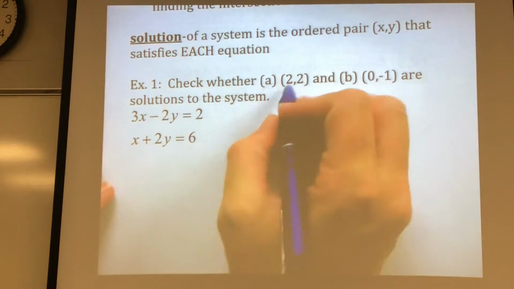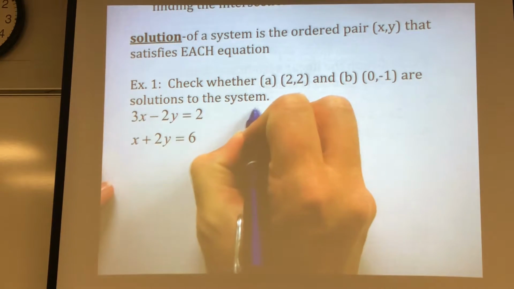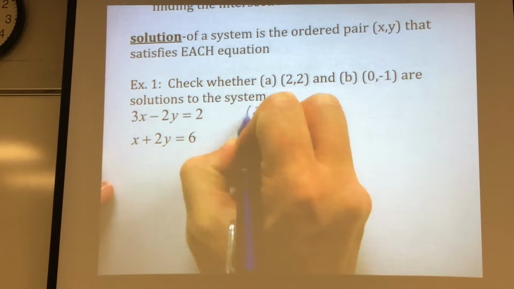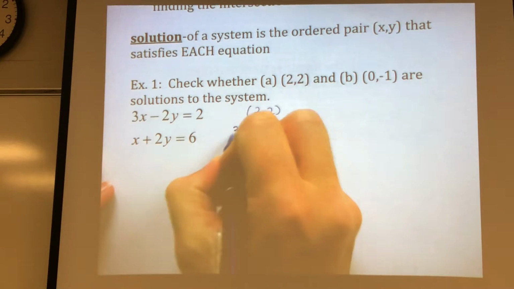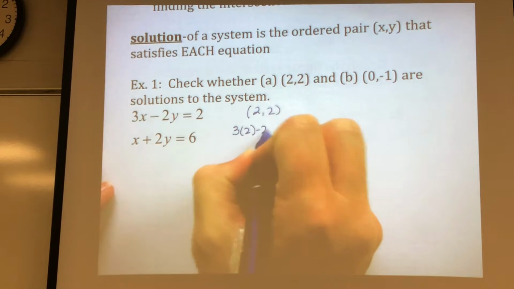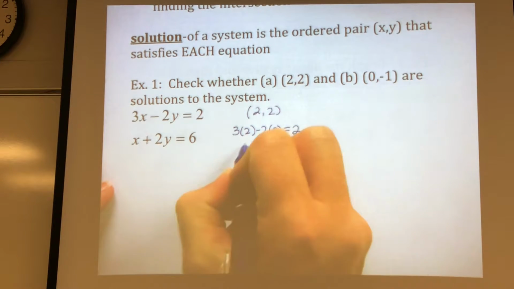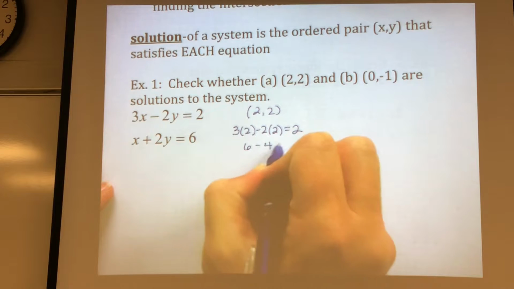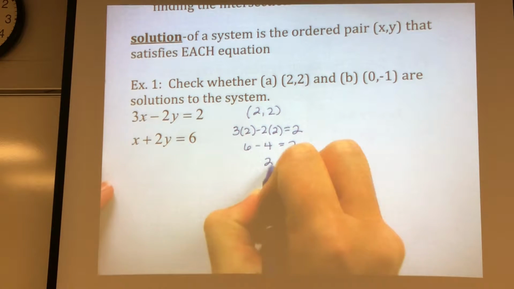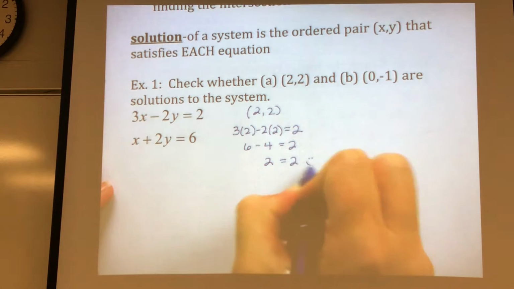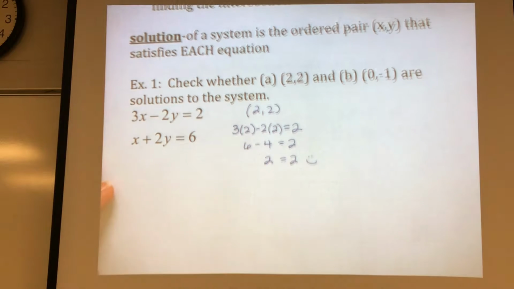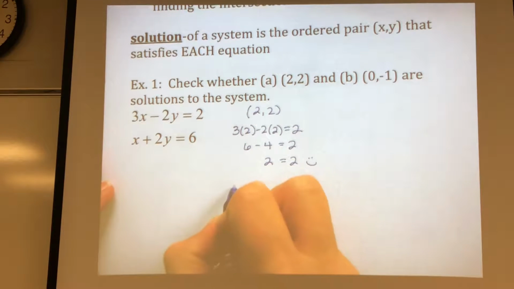All right, so we're going to check 2, 2 by substituting 2 in for x and 2 in for y. That gives us 6 minus 4, and 6 minus 4 is 2. So it works in the first equation, but there's no guarantee that it works in the second. We have to check both.